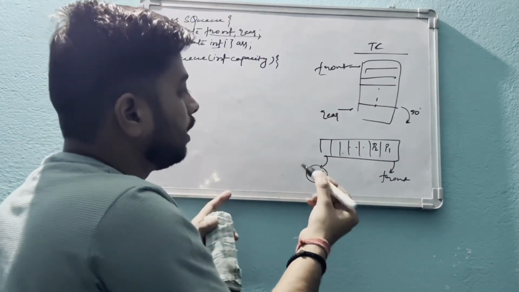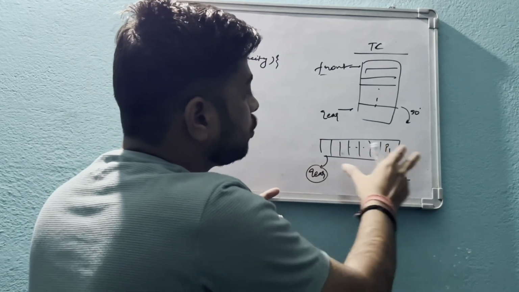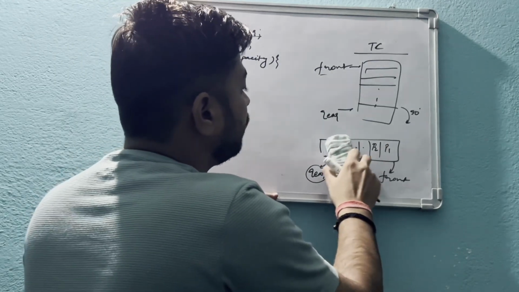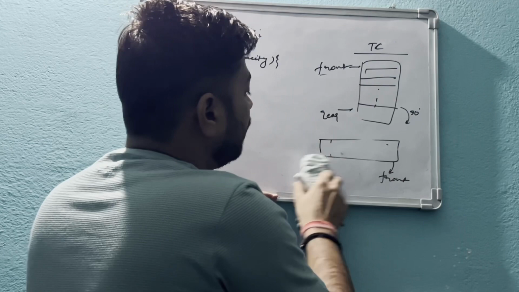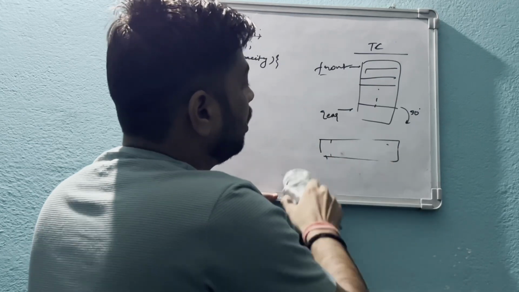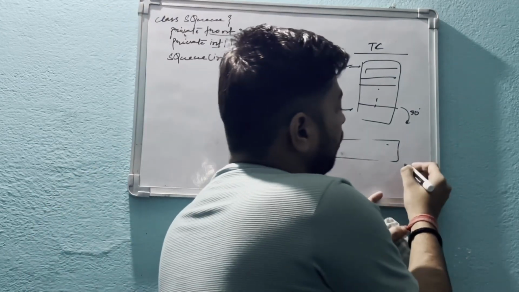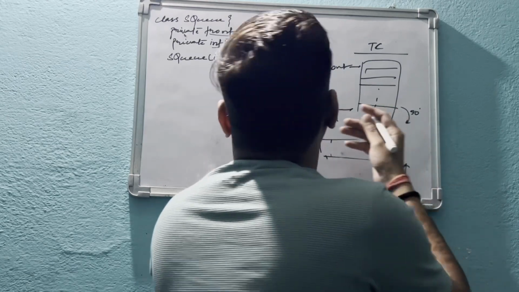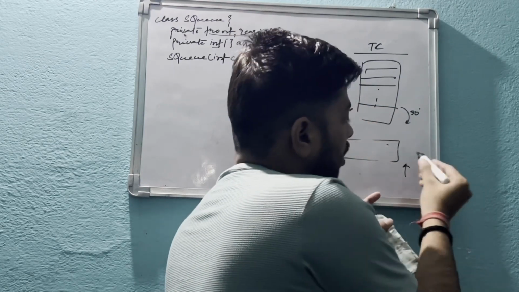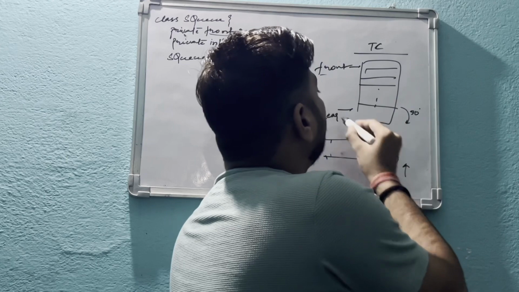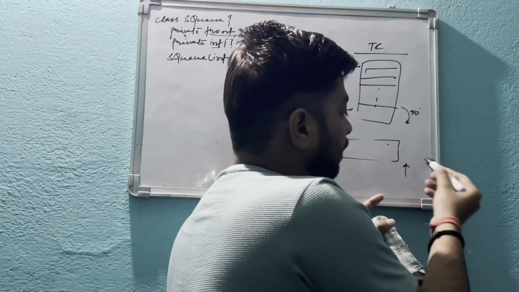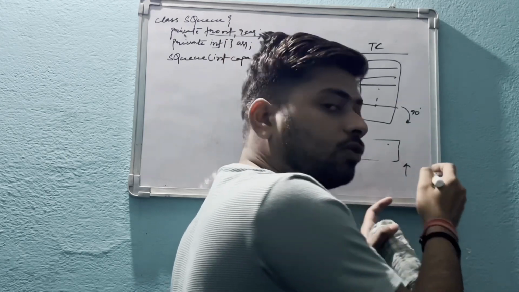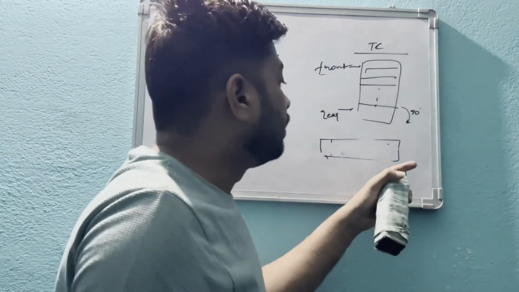So let's say initially if there is no person standing in the queue, so our queue is empty. In this case, our front and rear both will be pointing to nothing. I need something to denote there is no person in the queue.